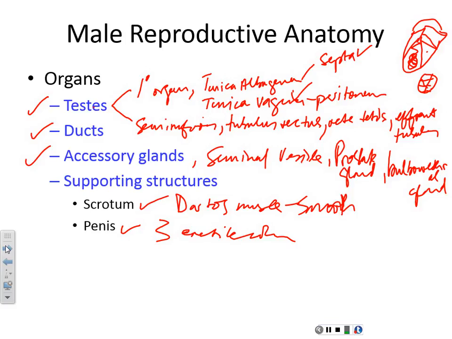So if I'm talking smooth muscle, then you know that is the dartos muscle, the one that wrinkles up the scrotal sac. And if I talk skeletal muscle, I'm talking about which one? What's the other muscle that moves the testes up and down, starts with a C? Cremaster muscle, okay? All right, guys?